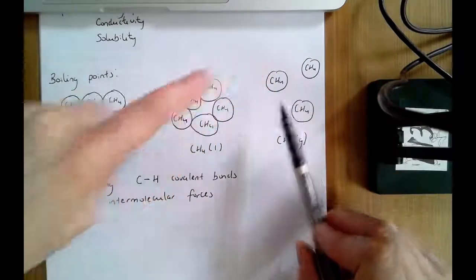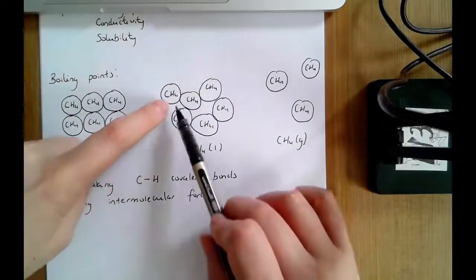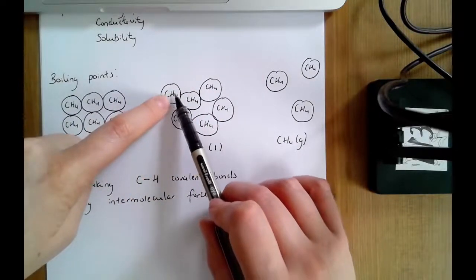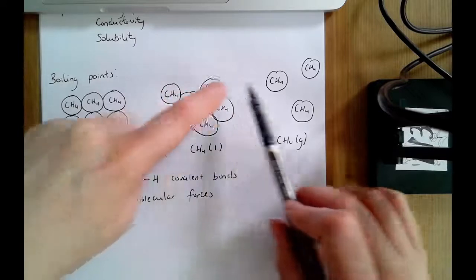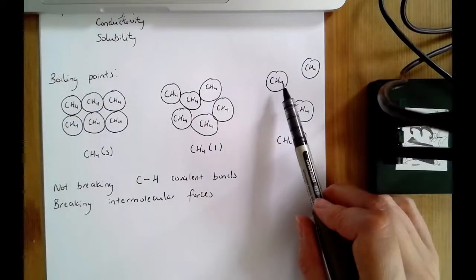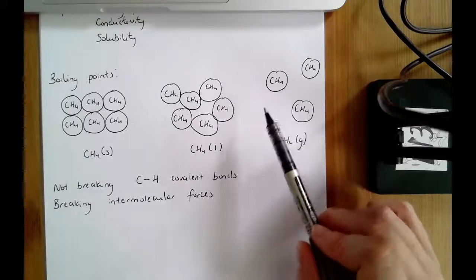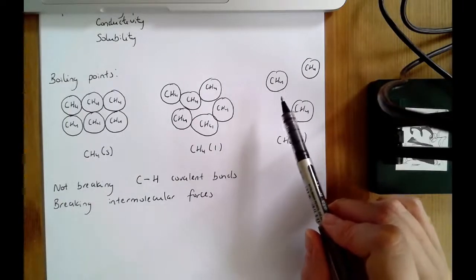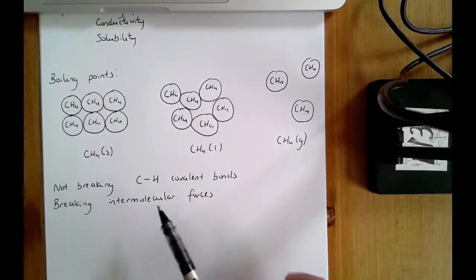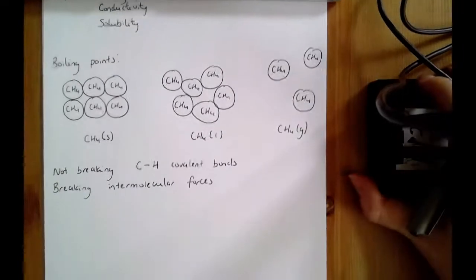I am not breaking the covalent bonds between carbon and hydrogen. Carbon is bonded to 4 hydrogens in a liquid. It's still bonded to the 4 hydrogens when it is a gas. So when you're answering these questions, you should not be mentioning the covalent bonds at all. You're focusing entirely on breaking the intermolecular forces.